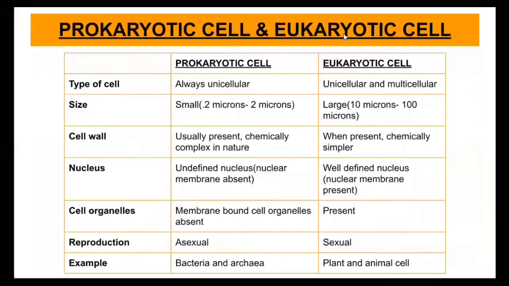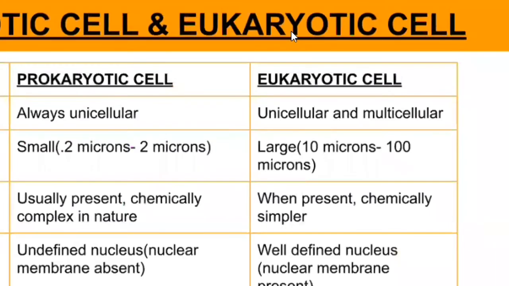Now we are going to understand the difference between the prokaryotic and eukaryotic cell. Actually, this difference, it depends on the nucleus. That is why we are taking it with the nucleus. So prokaryotic cells. Pro means primitive. Prokaryotic cells are found in primitive organisms.